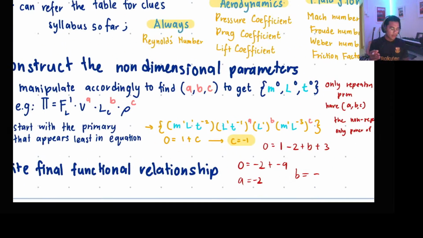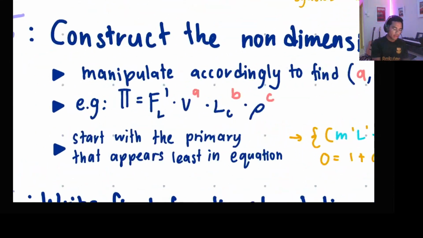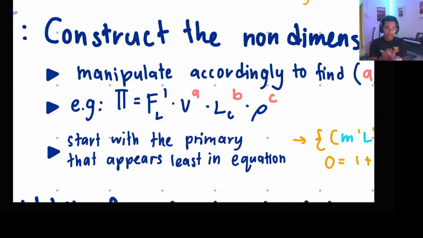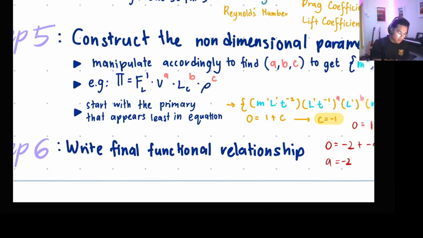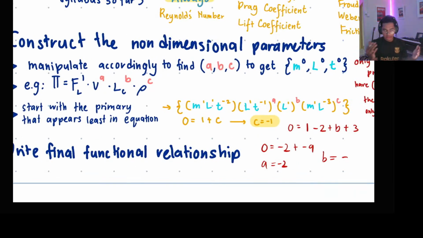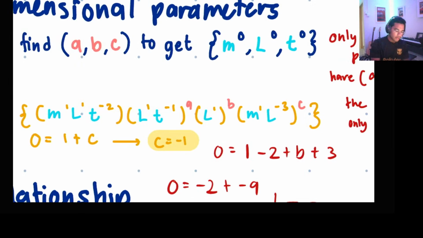So let's say we have force lift. Our first pi must be the dependent parameter, which is the force lift. And then we put our 3 selected repeating parameters, which is the velocity, characteristic length, and also density. According to my notes, you should expand the dimensions of the parameters.